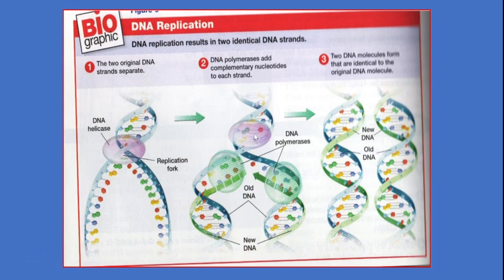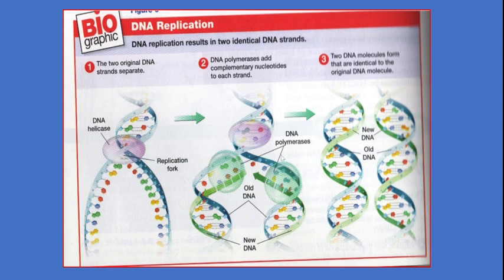So the DNA polymerase will add complementary nucleotides to each strand. When we say complementary nucleotides, that is just our complementary base pairs. It is different in the strand colors, if you notice. Our new DNA is going to be this new green strand you see coming in, while our old DNA is going to be represented by the blue.